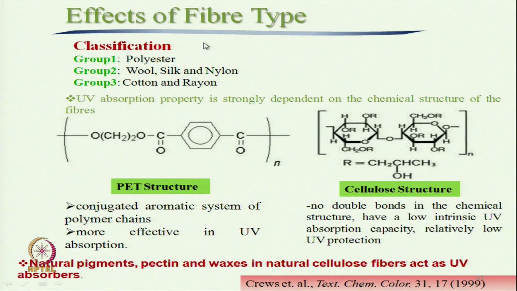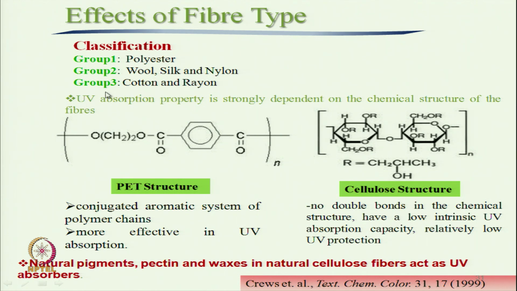First we will start with raw material, we will try to understand the raw material. Here we see that these are classified into three different groups. Polyester is one group, group 2 wool, silk, nylon, and group 3 cotton, rayon.